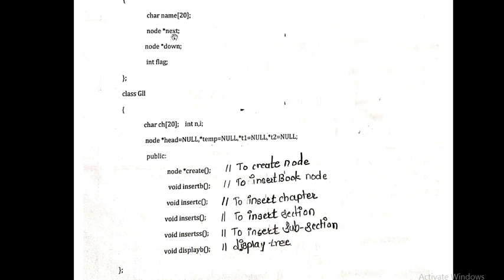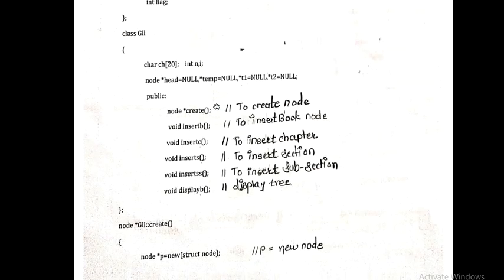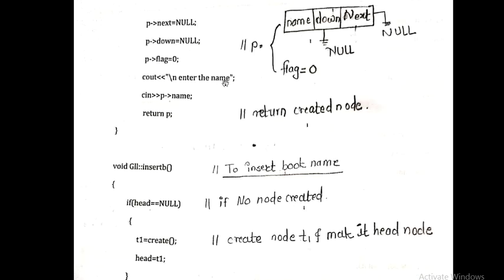It will have the name, its next field, down field and the flag field. So these are the 4 fields for every node, right? For example, if we have created this node P, these are the 4 fields that we will have: the name of that node, then its next pointer, its down pointer and its flag.